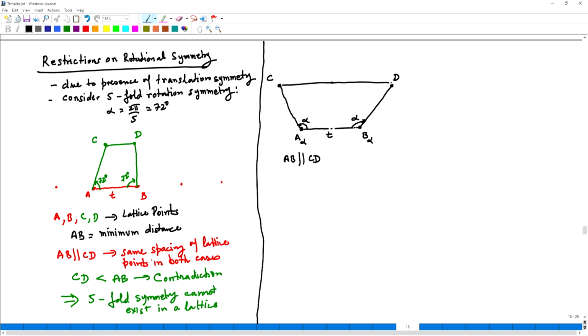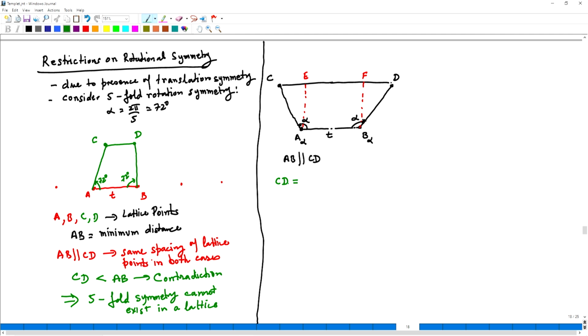Now, let us look at this diagram and analyze the distance between the points C and D. Let me draw a small construction here: draw perpendiculars from A and B onto the line CD, and let us say these perpendiculars meet at points E and F. So, what is the length CD?